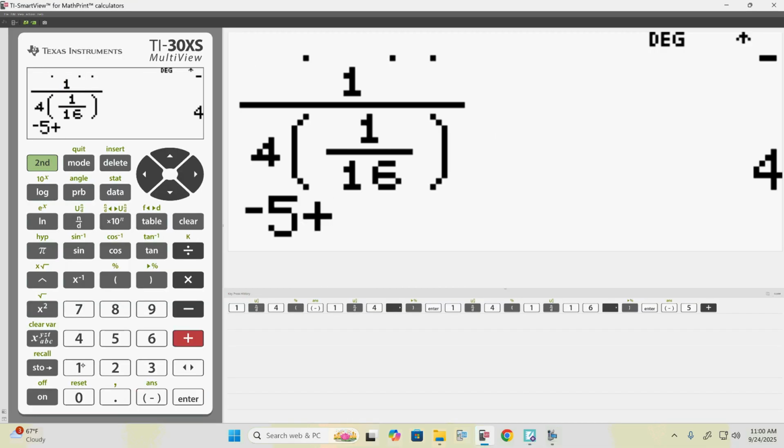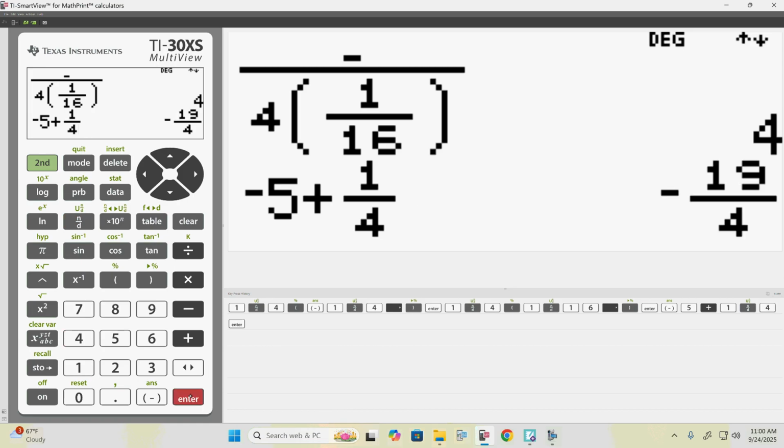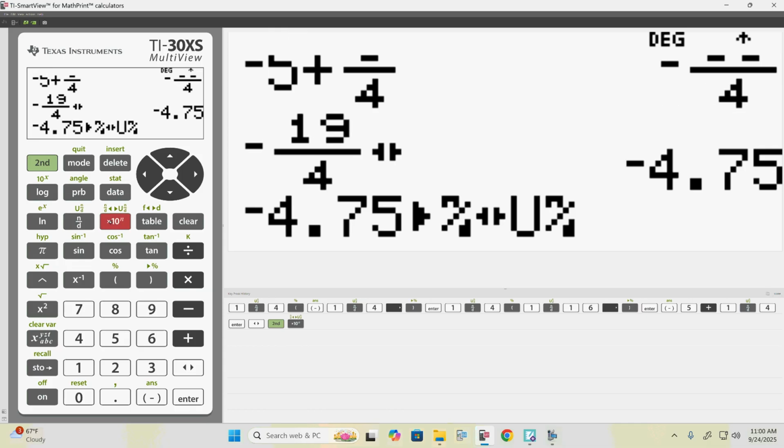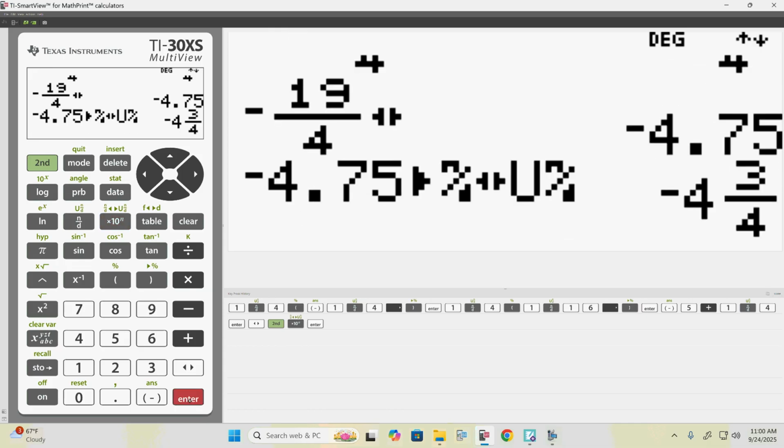So -5 plus 1/4 is -19/4. The -19/4 is also -4.75, or -4 3/4.